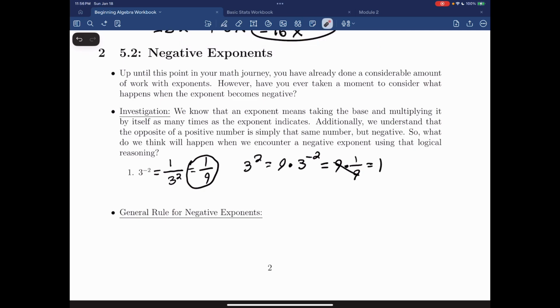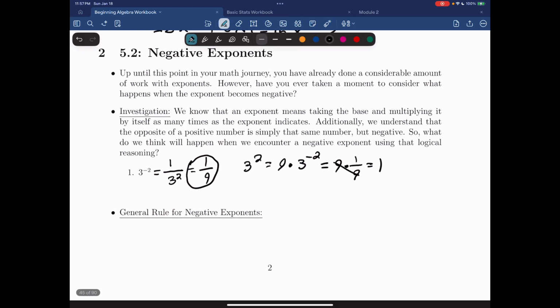So negative exponents undo positive exponents. Well, not quite, but that's the idea: negative exponents have the inverse operation. Negative exponents mean we divide. Positive exponents mean we multiply.